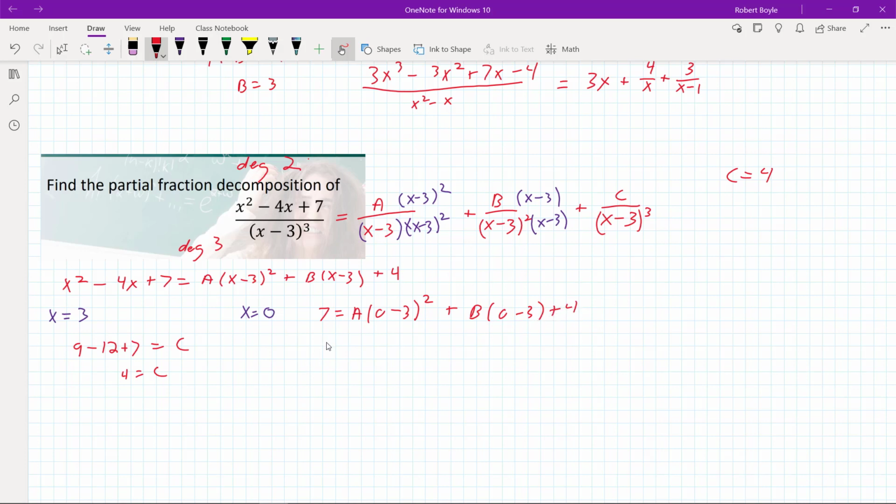Okay, I can bring the 4 over. That's going to give me 3 over here. And that's going to be equal to, well, 0 minus 3 is negative 3 squared is 9. So that's 9a minus 3b. Now, this equation has a common factor of 3. I can get rid of that, and that's going to give me that 1 is equal to 3a minus b. And that's as far as I can take that one.